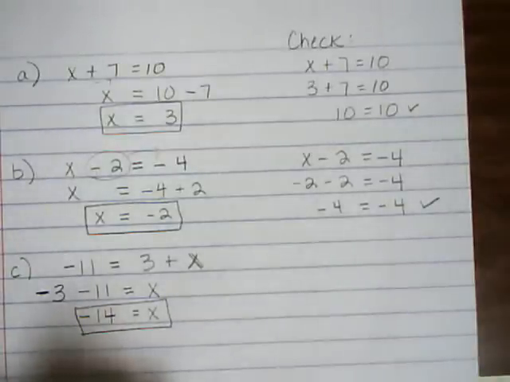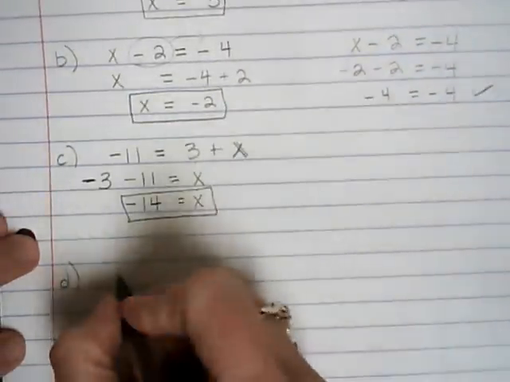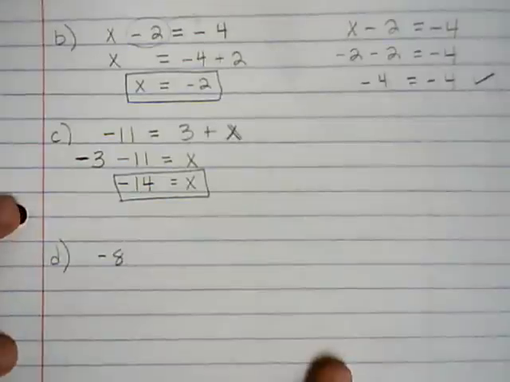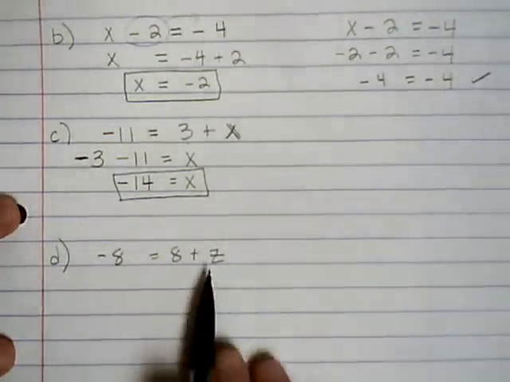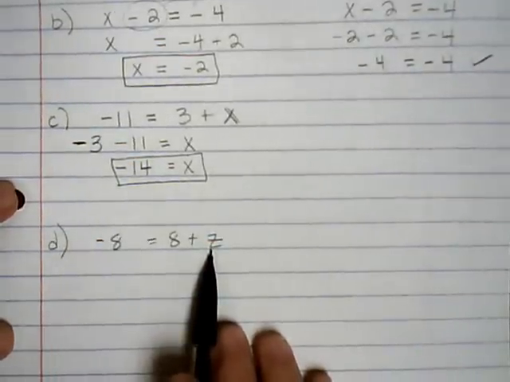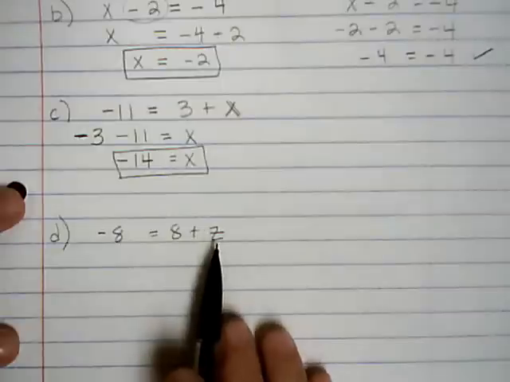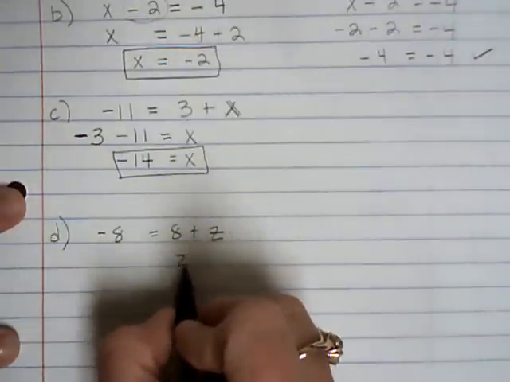And D is very similar to this problem. We have negative 8 is equal to 8 plus z, and I always write my z's like this so I don't get it confused with a 2. So if you see that, that's just how I write my z. Again, you have to look at which number I would want to move if I want to get z by itself, because that's always your goal, to get your variable by itself. So bring down the z.